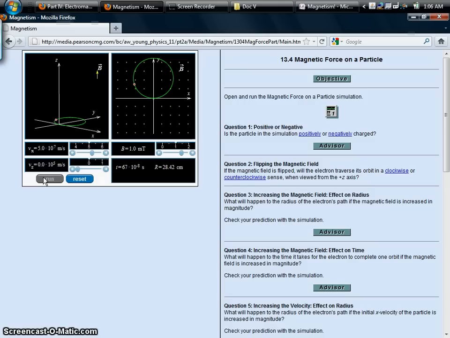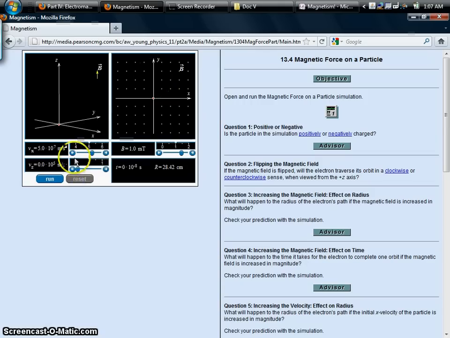Keep in mind, what should happen with this if I reset it and if I change the speed. Let me run this again. Get a sense of how big the circle is. It starts at the origin, it goes up to the height of the y-axis right there.